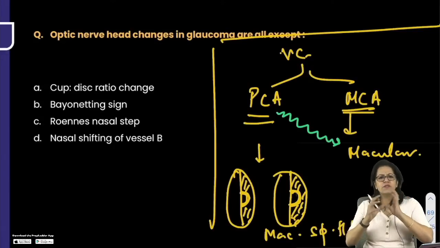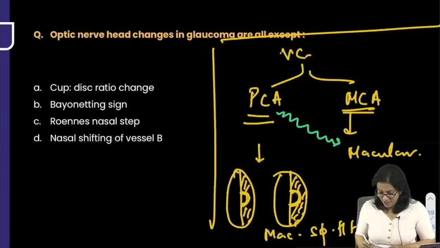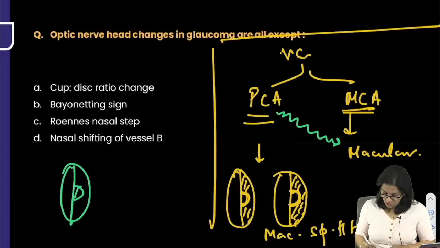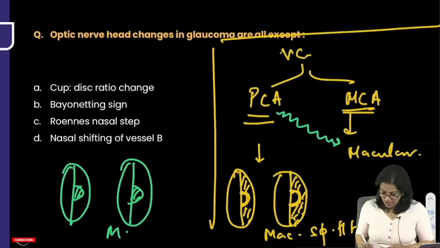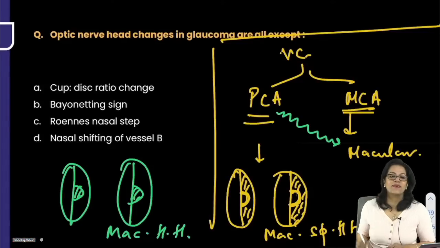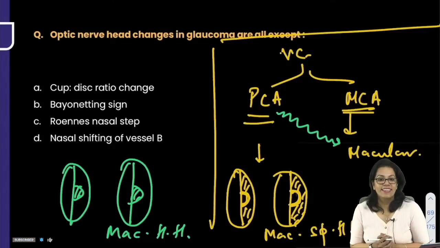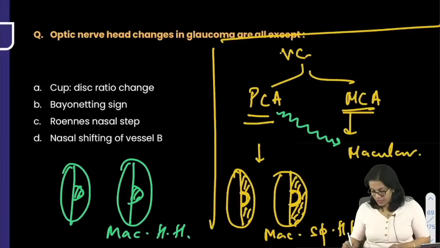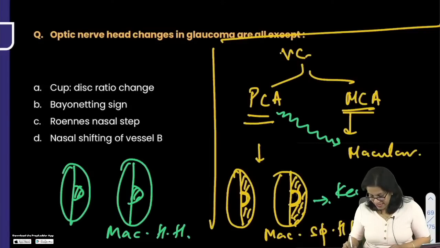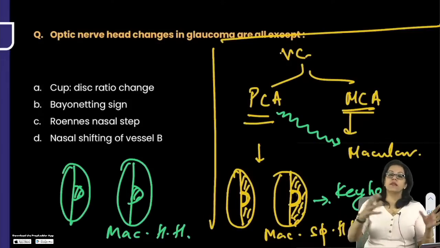So what is the condition where you get a total macular homonymous hemianopia? When there is trauma. So the whole macular tip of the visual cortex is damaged, then you can get a macular homonymous hemianopia. Okay, and this macular sparing, you can also call it keyhole vision, right? Sometimes, very rarely, both side PCA can also go.